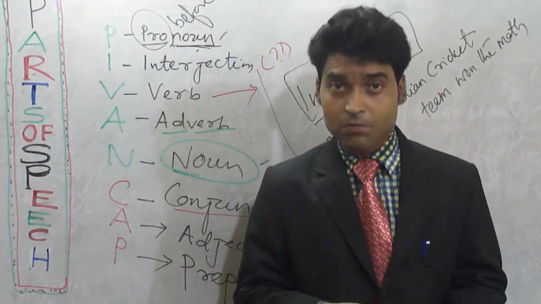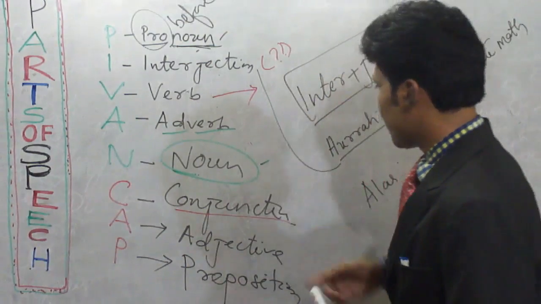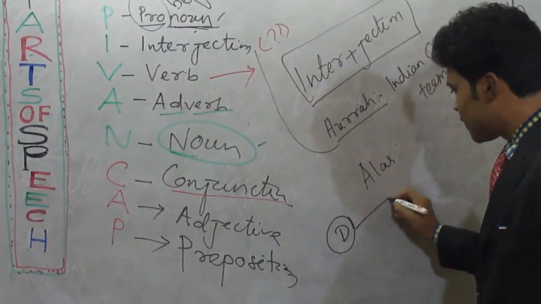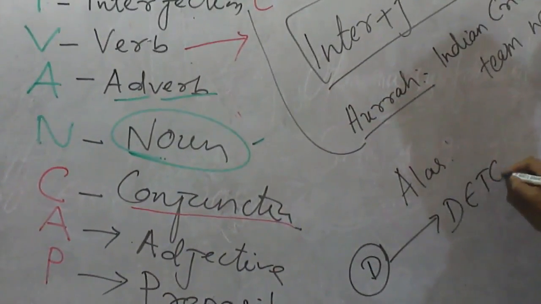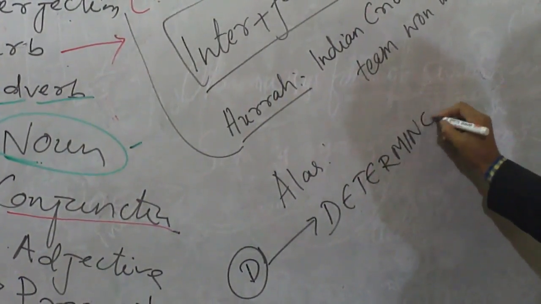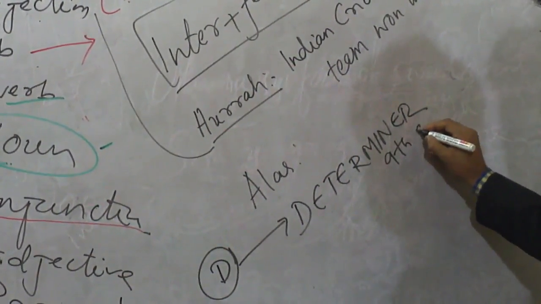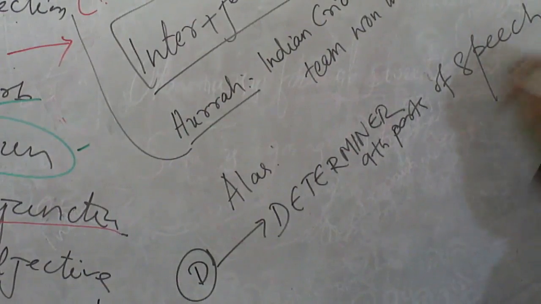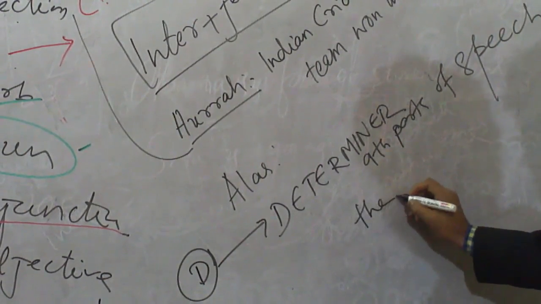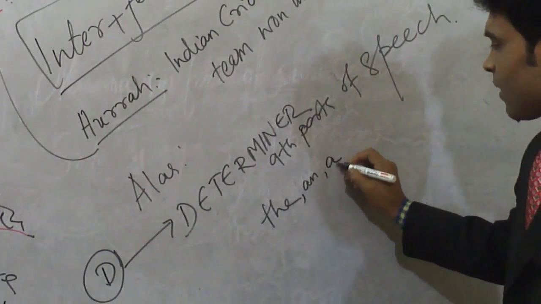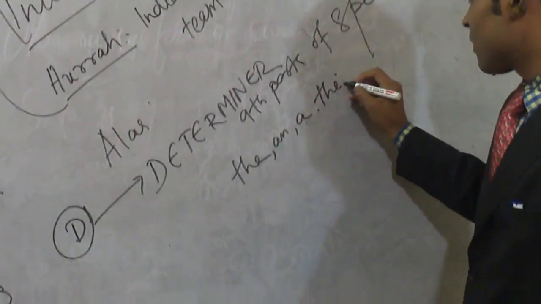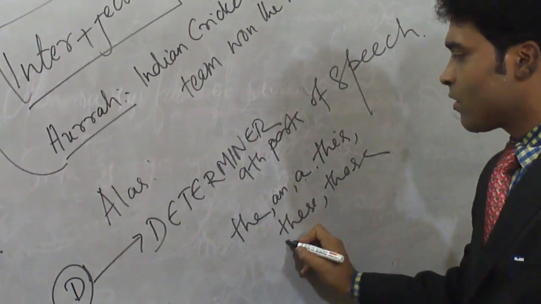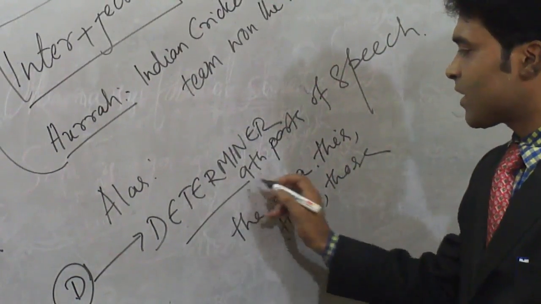So please remember another thing, D, that is determiner, is the 9th part of speech. Examples: the, a, an, those. These are determiners, which are often nowadays considered the 9th part of speech.